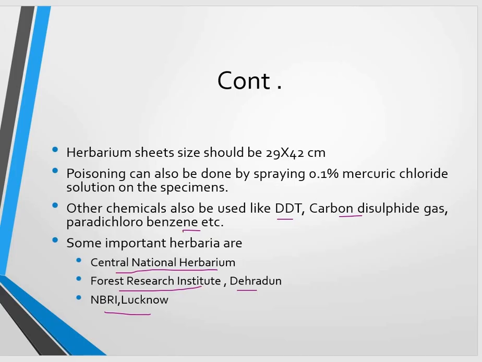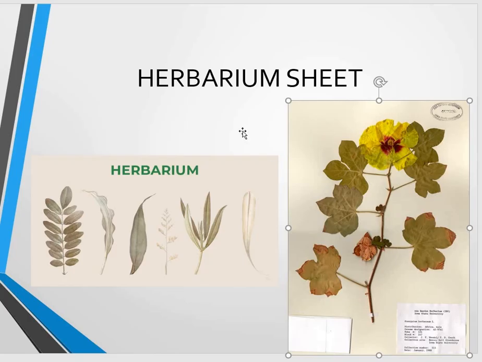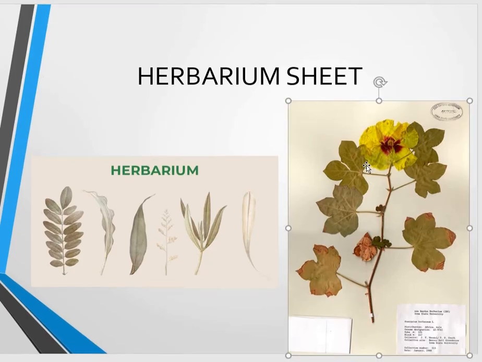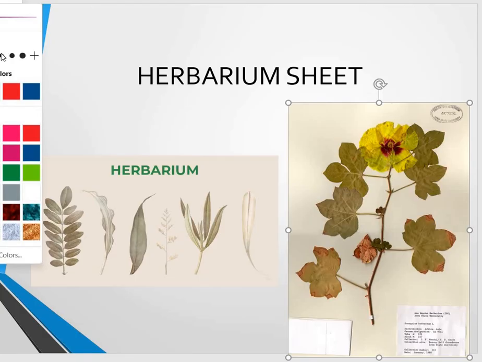So let us see what the herbarium sheets look like. This is a herbarium sheet, right? The sheet has the preserved specimen, and you can see the description as well: scientific name, vernacular name, place of collection, collector's name.